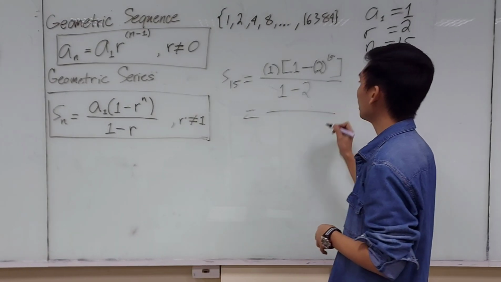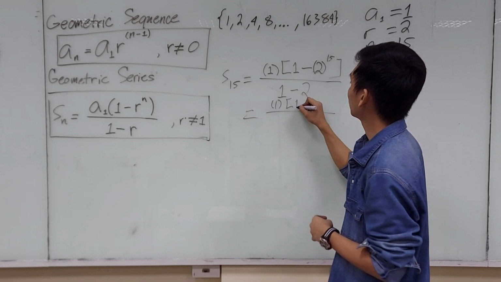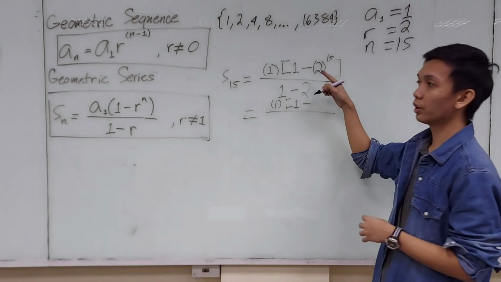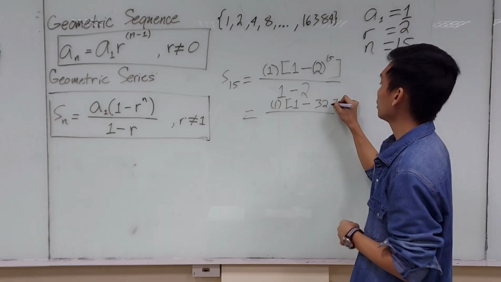Alright, we simplify. Again, we follow the GEMDAS rule. 2 raised to 15 is 32,768.